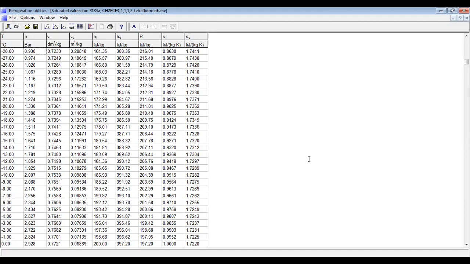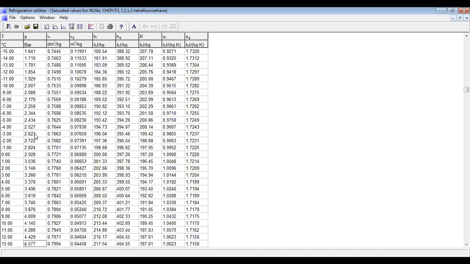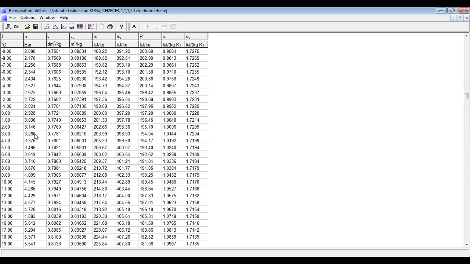Let's say 2 bar. What's the situation? You go to the table at 2 bar, because vapor and liquid are together, that's the point. Don't forget, this is two-phase, vapor and liquid coming out here.